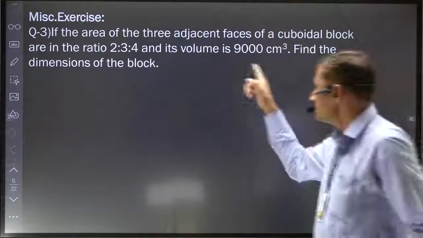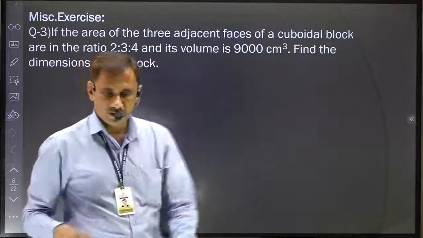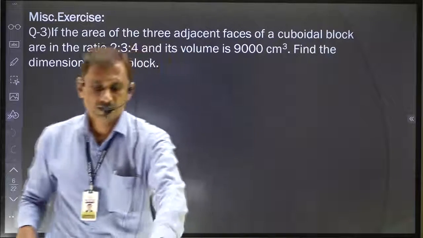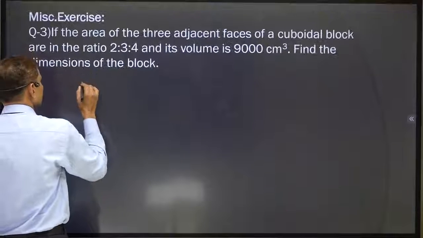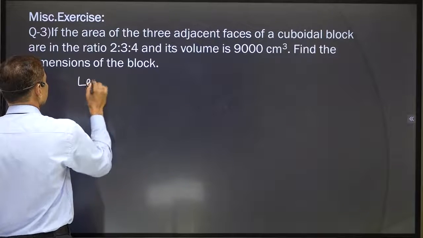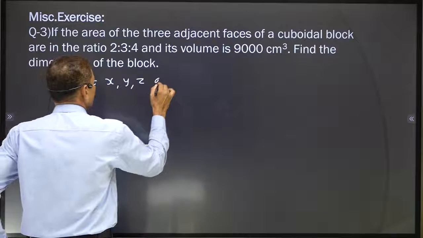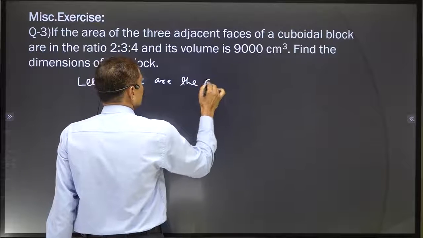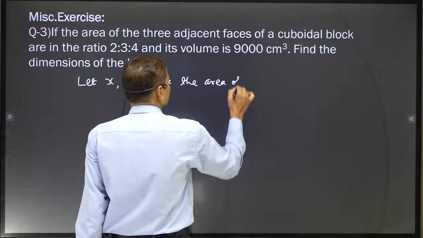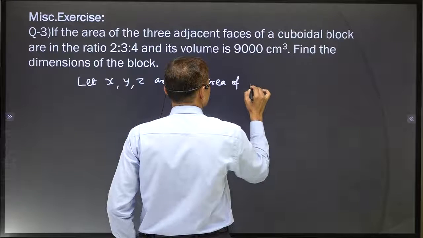Okay. So let the surface areas be x, y, z. So we have to clear what x, y, z are. So let x, y, z be the areas of three adjacent faces.